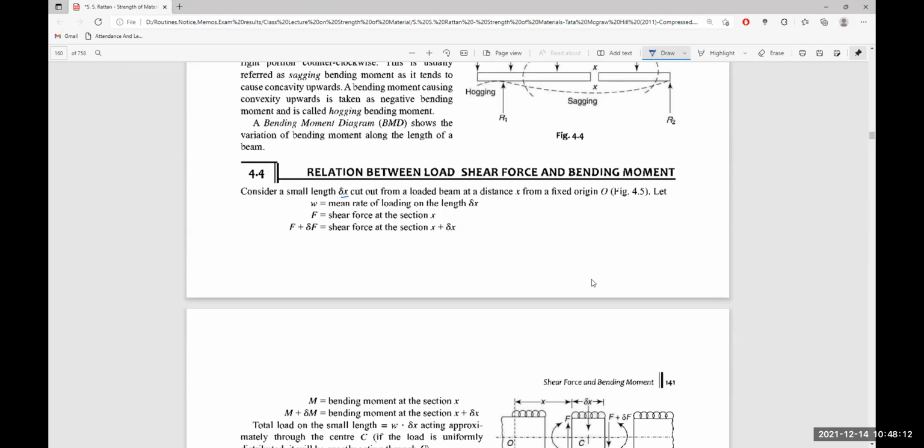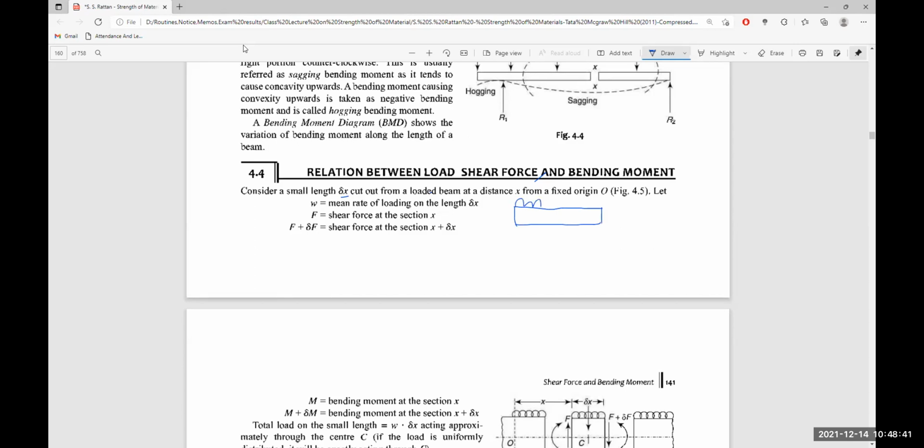First of all, the small length delta x cut from a loaded beam. Say the beam is here, of certain length. The beam is like this.